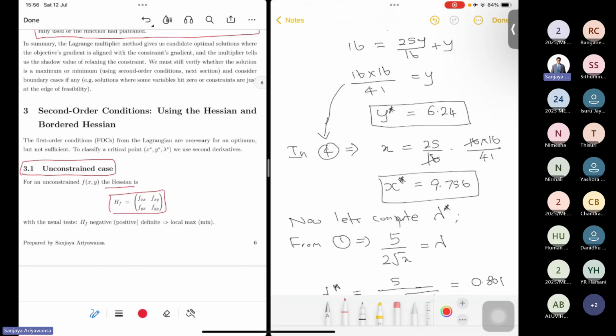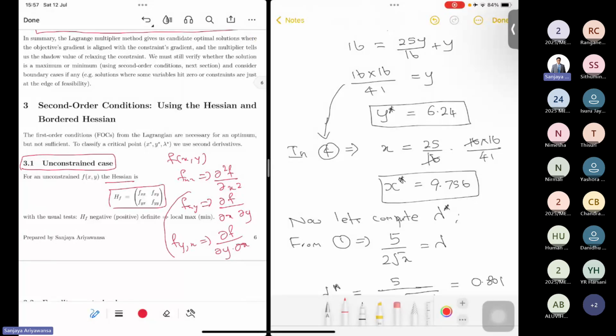So if you have a function of x and y, xx is partially differentiating a function twice with respect to x. xy is you partially differentiate your function first with respect to x, then with respect to y. y comma x is you partially differentiate your function with respect to y first and then with respect to x.